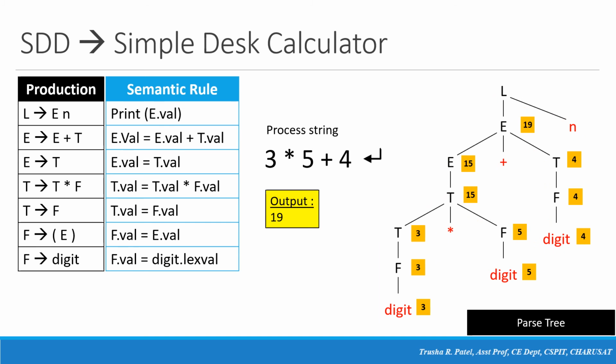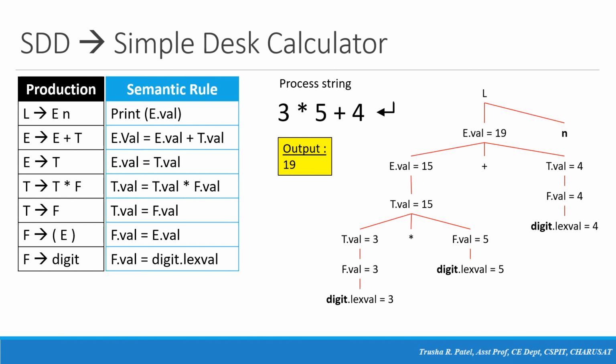Now I can relate all these values to the attributes of each and every terminal or non-terminal. So you can see that digit dot lex value is equals to 3, F dot val is equals to 3. So in the parse tree, all the terminals or non-terminal symbols are indicated with the attributes along with the values of those attributes.